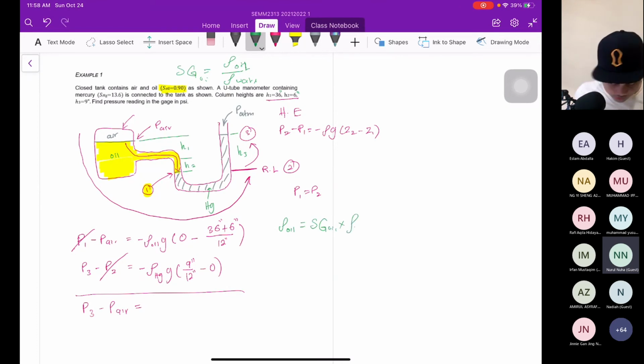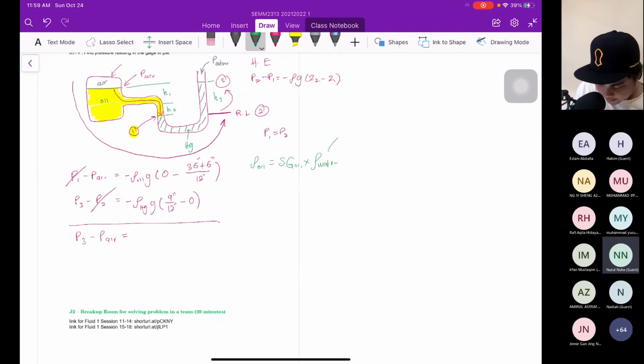What is the rho of water? It is 1000 in SI units. In imperial units, the rho of water is 62.4 pounds per cubic foot.